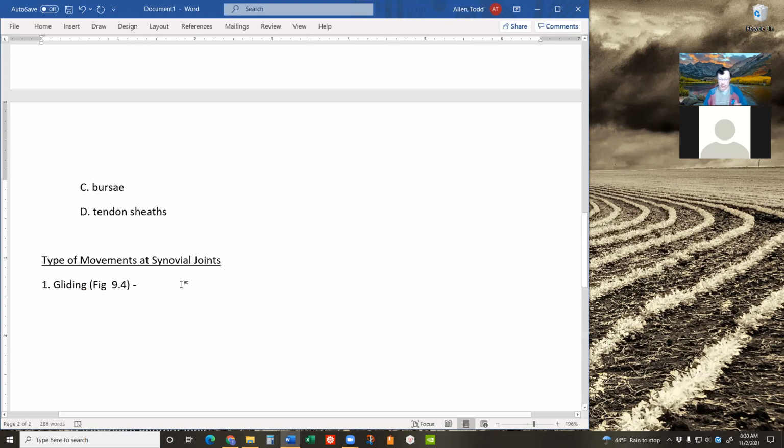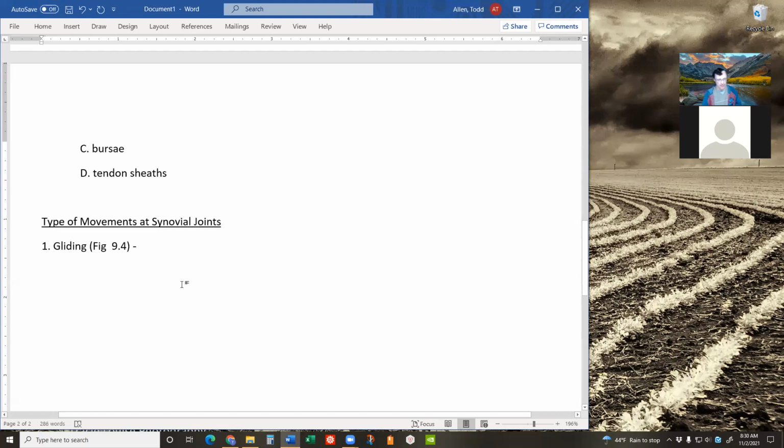Gliding movements refer to side to side and back and forth movements where there is no significant change in the angle of the bones that are articulating. Let me define this, then we'll do the motion together.